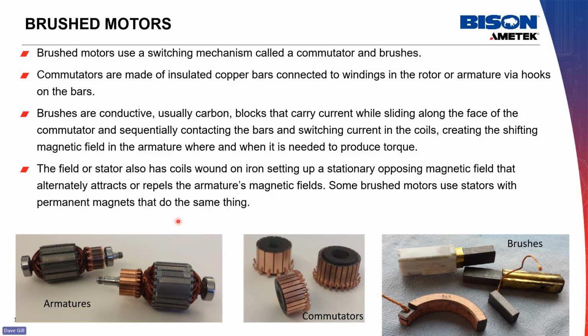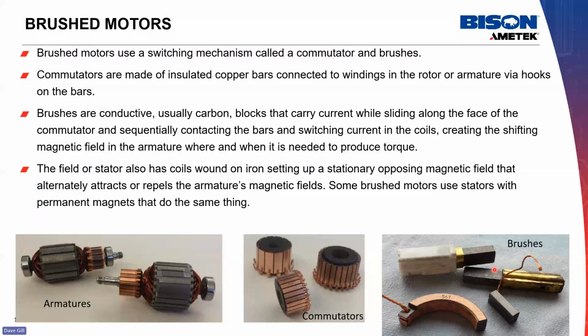Brushes are conductive elements, usually carbon, that carry current while sliding along the face of the commutator and sequentially contacting the bars, and therefore switching the current in the coils of the armature. And that creates the shifting magnetic field in the armature, where and when it is needed to produce the torque.